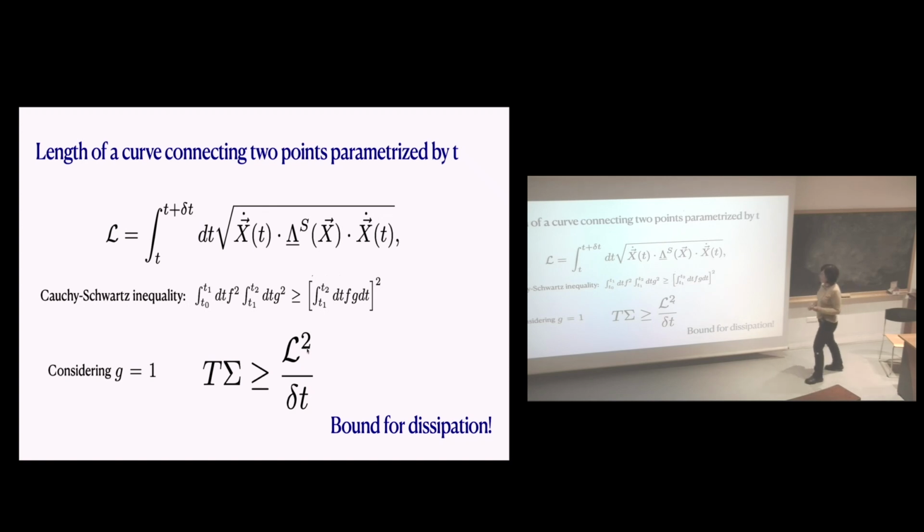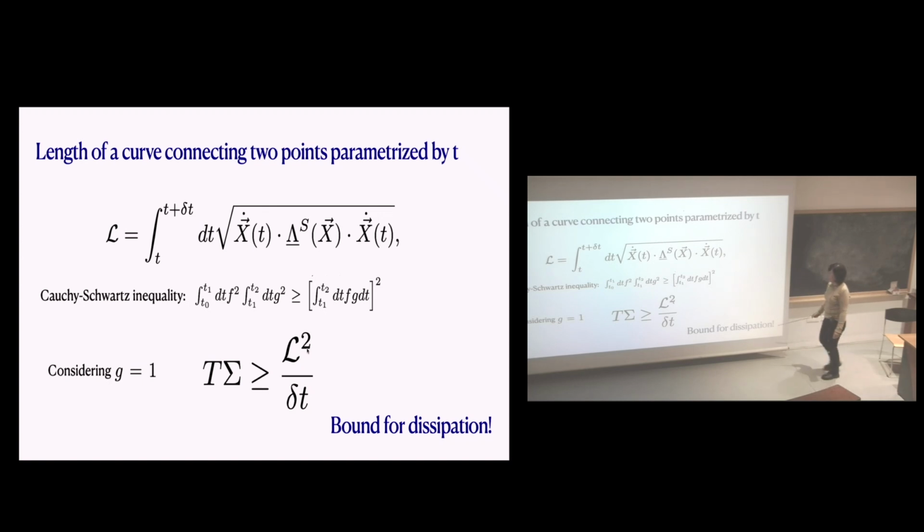And what is interesting is that we can use this Cauchy-Schwarz inequality of integrals. If we put here this function g equal to 1, we can get this inequality for the dissipation in terms of this thermodynamic length. And this is what is really useful to find bounds for dissipation.